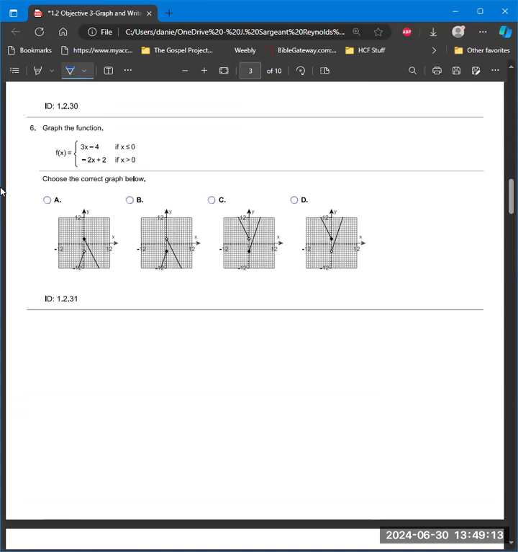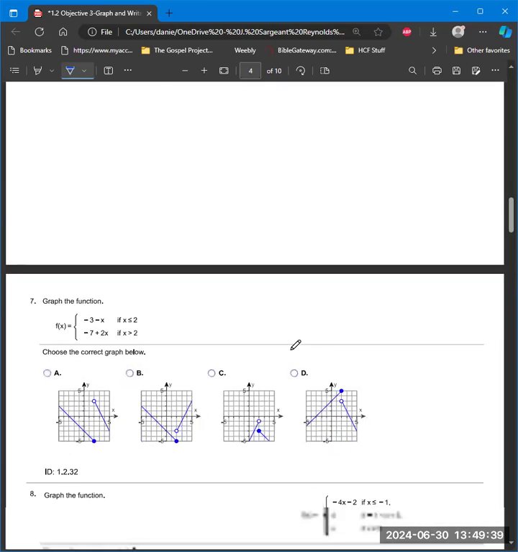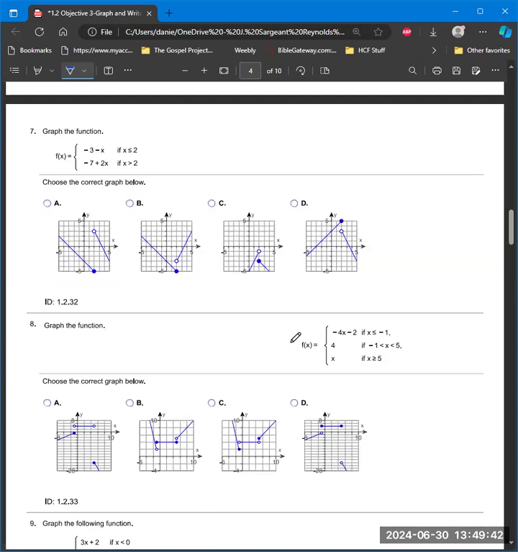When x is less than or equal to 0, have a slope of 3. They're not going to connect to each other. So less than or equal to on the left is going to be one of these two, and it has positive slope, so it's got to be B. All right. Next one is number 7.